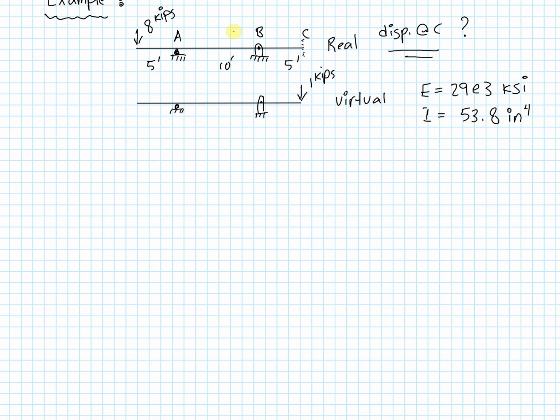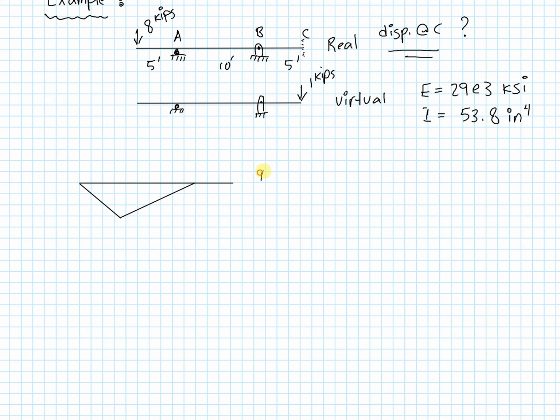And what I need to do is to find my bending moment diagrams. In the first example, in the real one, I'll have the following condition. I'll have forces that look like this.